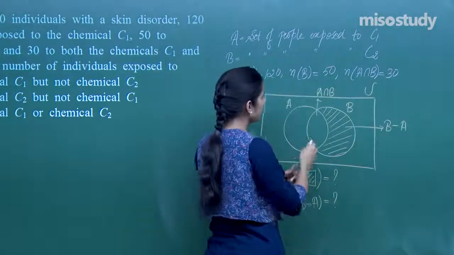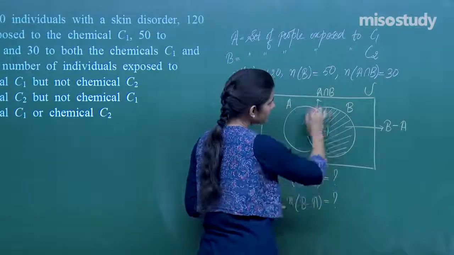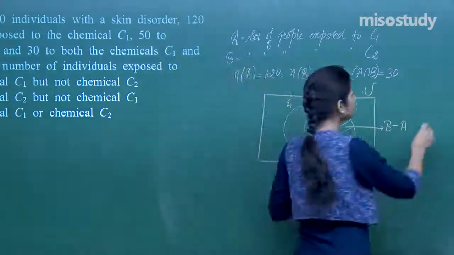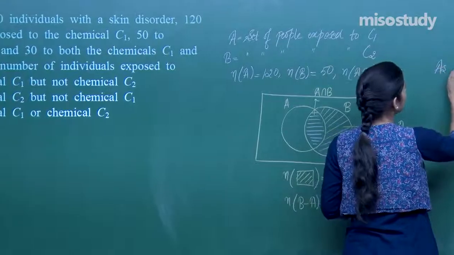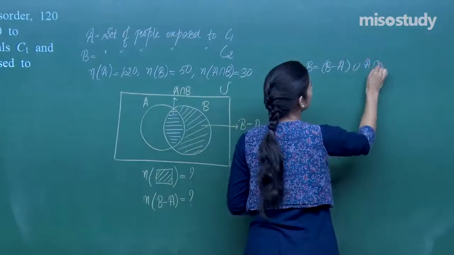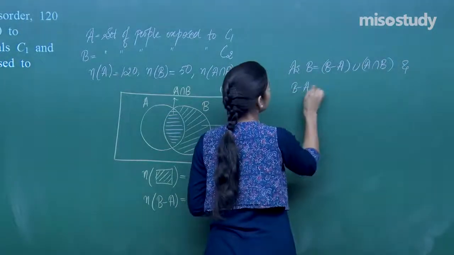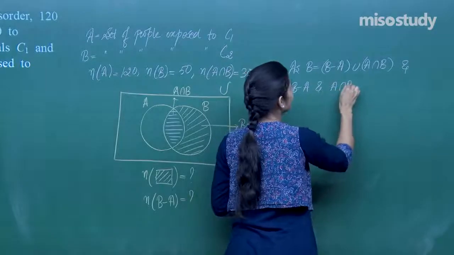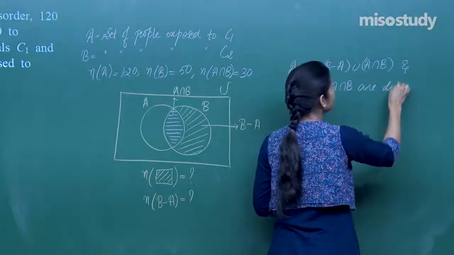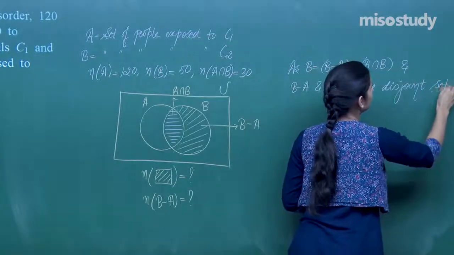Again set B can be written as, if you focus upon this A intersection B portion, B minus A union A intersection B is set B. As set B is B minus A union A intersection B, and B minus A and A intersection B are disjoint sets.